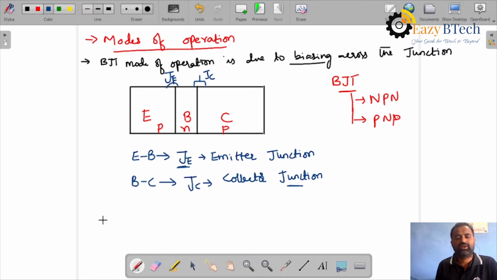Now, these are the modes of operation in different regions.